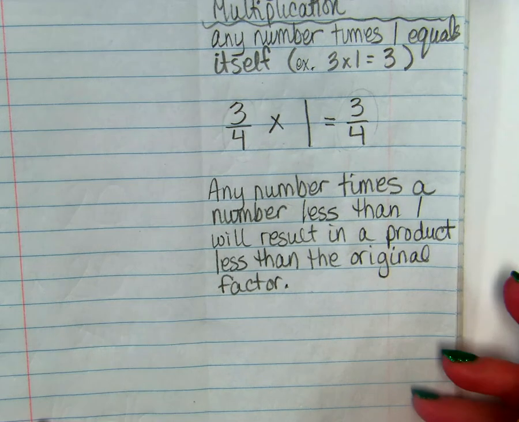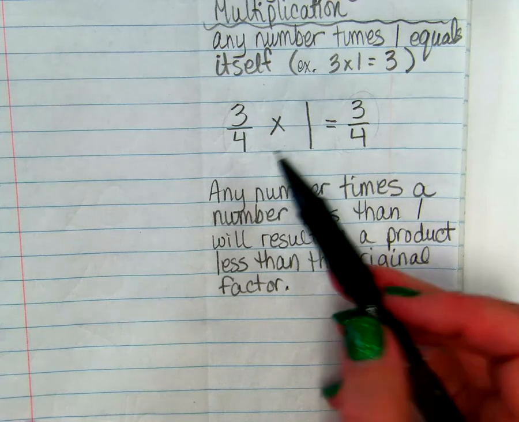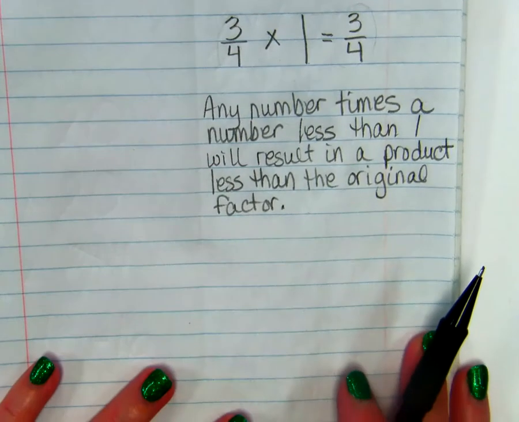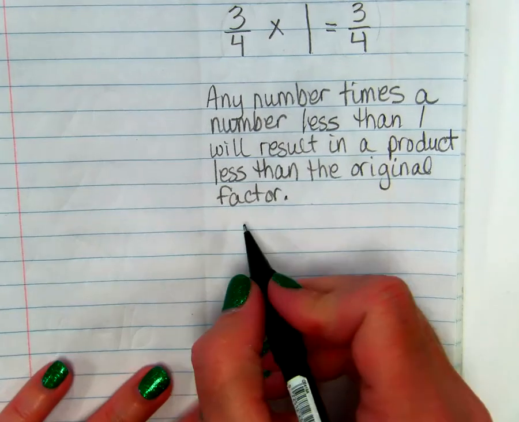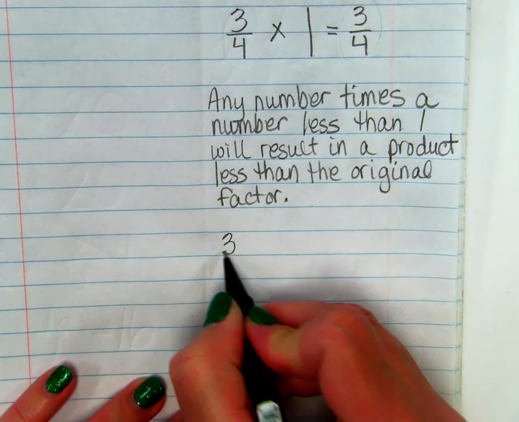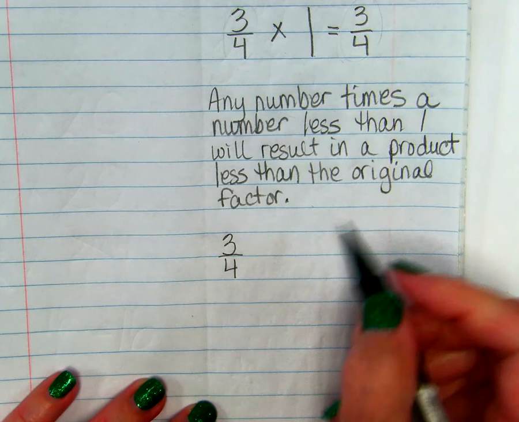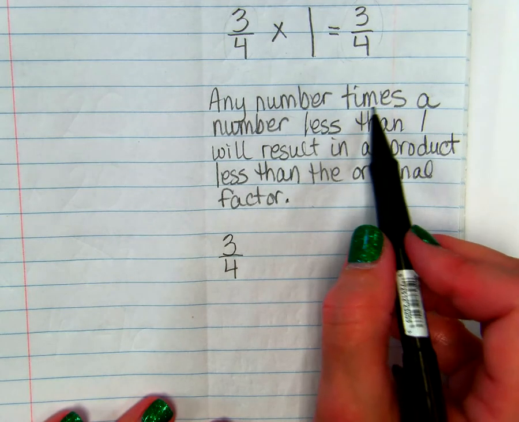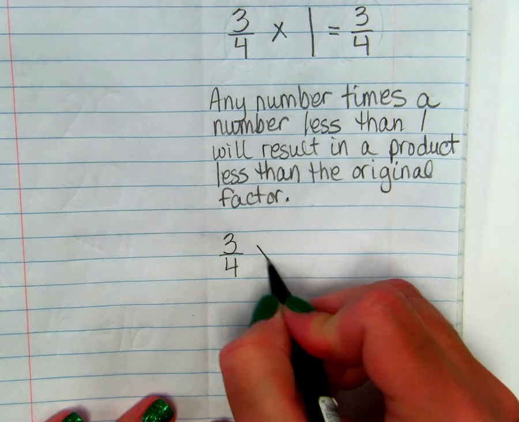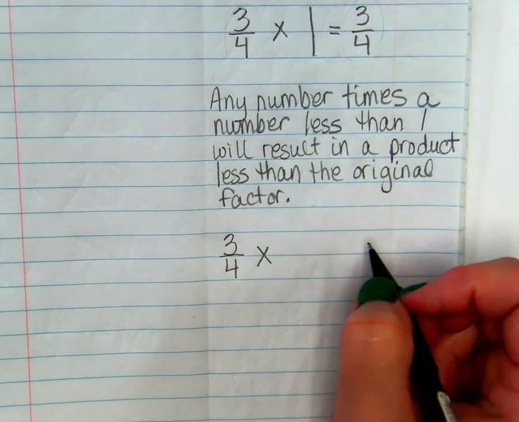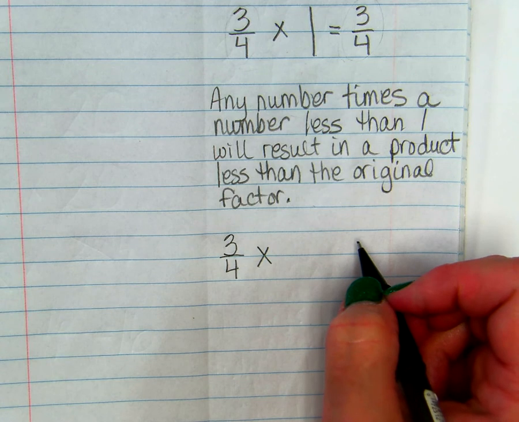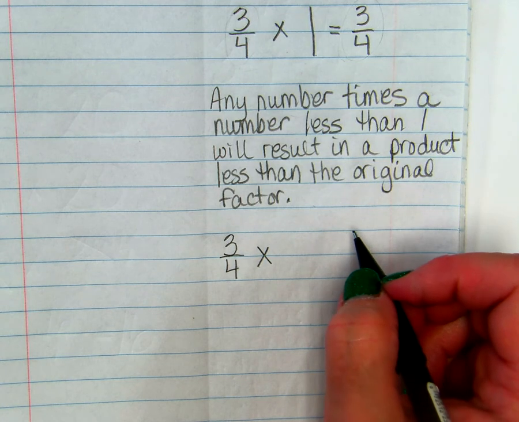Okay, let's write our example. Let's go ahead and use 3/4 again. So that is our constant. If we take 3/4 and multiply it times a number less than 1, let's pick a number less than 1. 1/2 is less than 1.